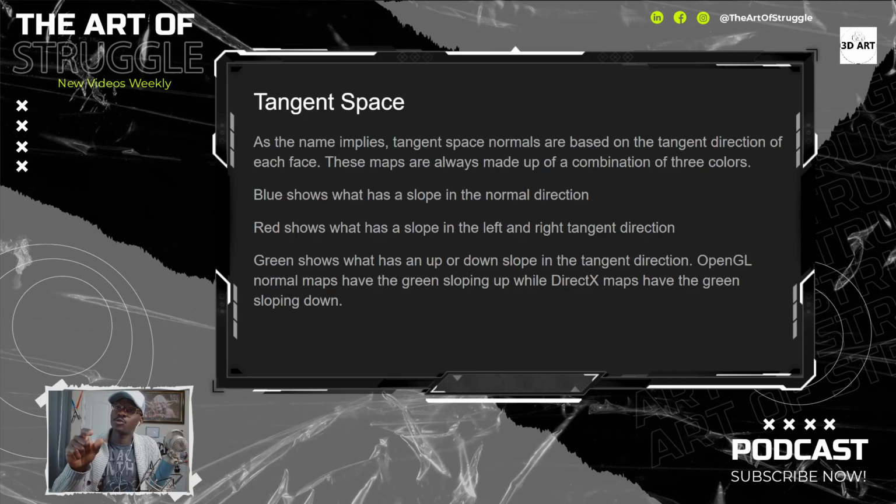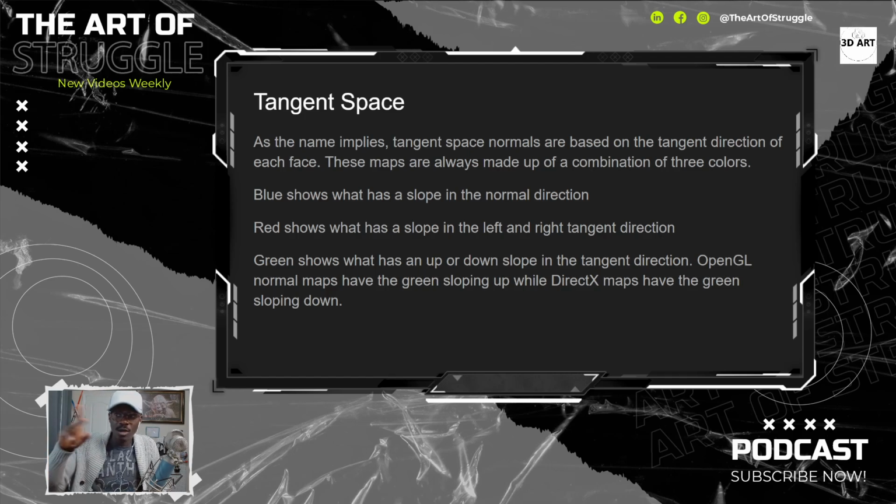Blue shows what has a slope in the normal, right? Red shows what has a slope in the left and right tangent direction. Green shows what has an up and down slope in the tangent direction. OpenGL normal maps have the green slope up, while DirectX maps have the green slope down.